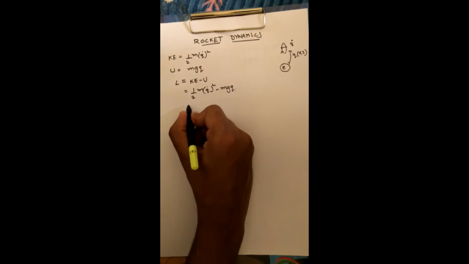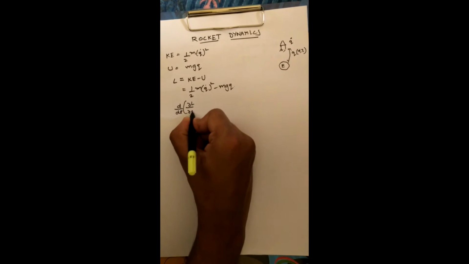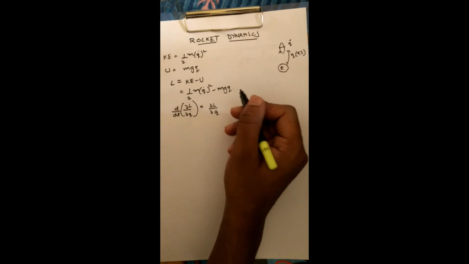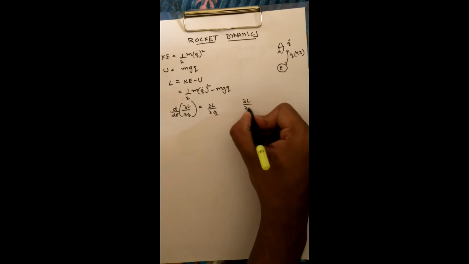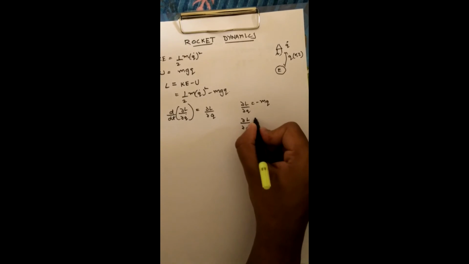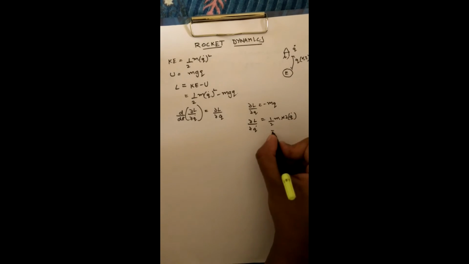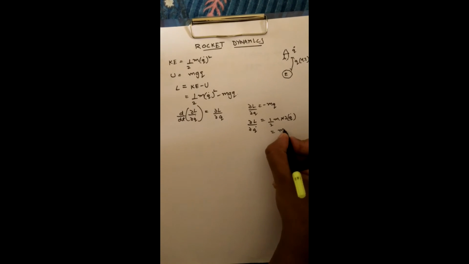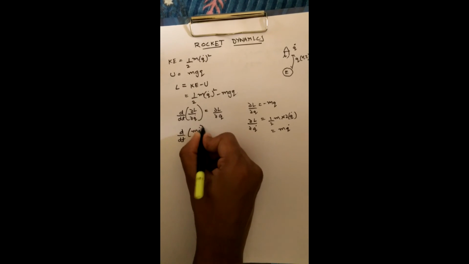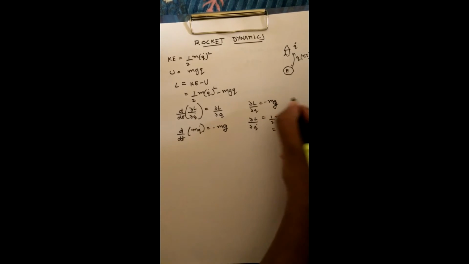We know by the Lagrangian equation that d by dt of dou L by dou q dot is dou L by dou q. Here dou L by dou q is minus mg, dou L by dou q dot is half m into 2 q dot, that is nothing but m q dot. Therefore d by dt of m q dot is equal to minus mg.